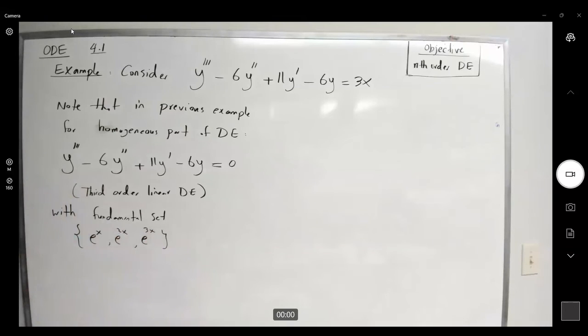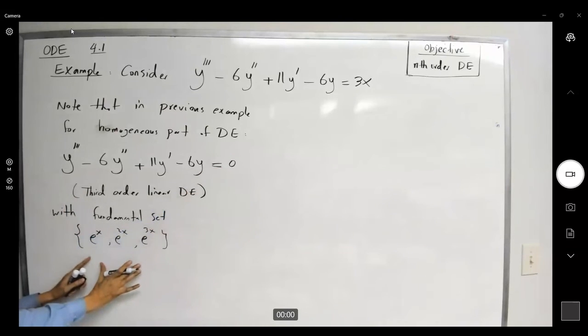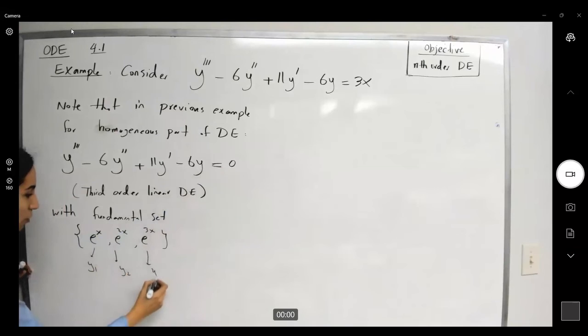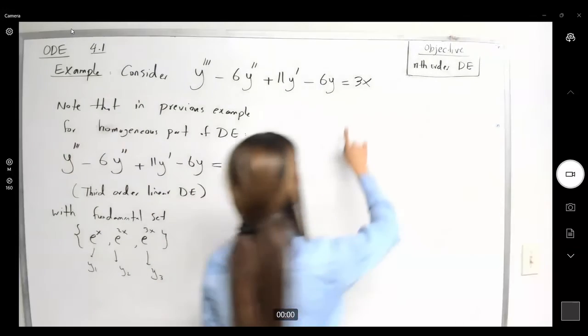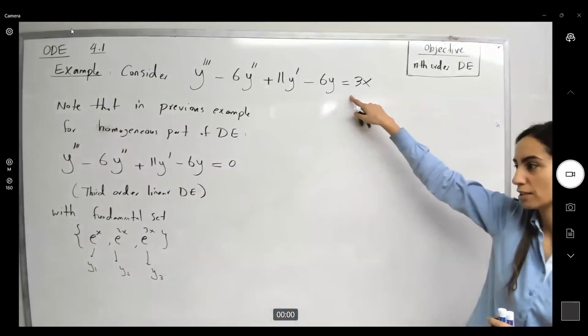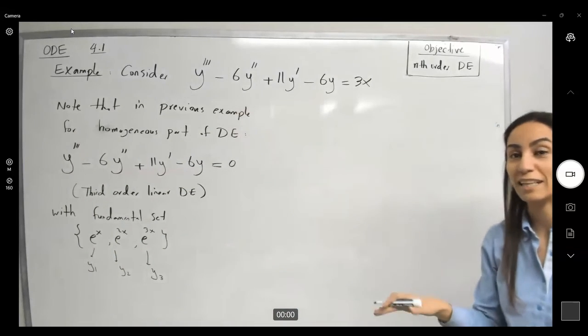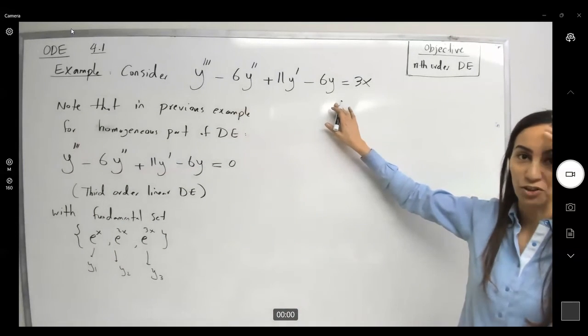All right. For the homogeneous part, we have 3 solutions: y1, y2, y3. Now, if you plug those into the non-homogeneous part, they don't satisfy this non-homogeneous differential equation.